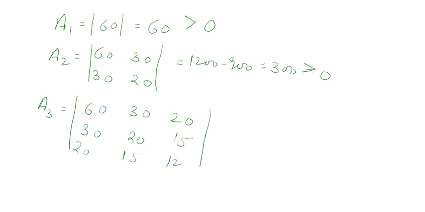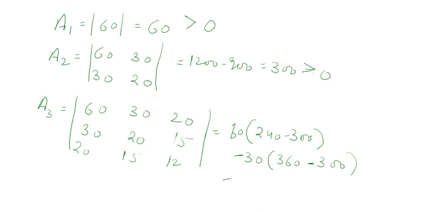So you can also find this determinant. What is this? It is 60 times 240 minus 300, minus 30 times 360 minus 300, plus 20 times 450 minus 400. What will it equal?